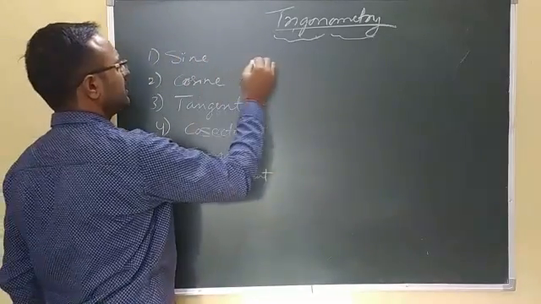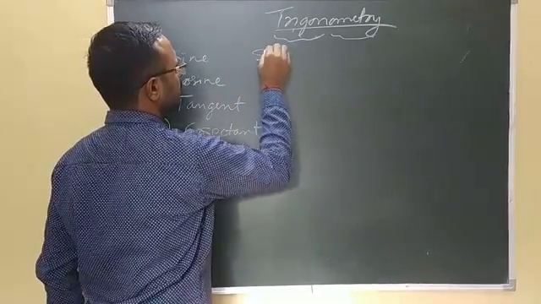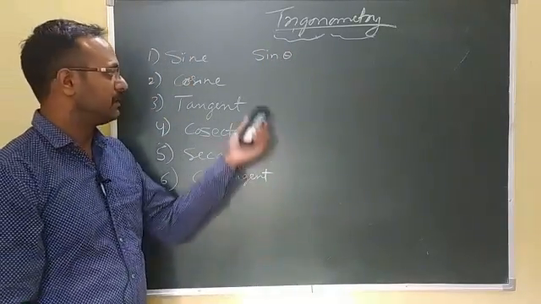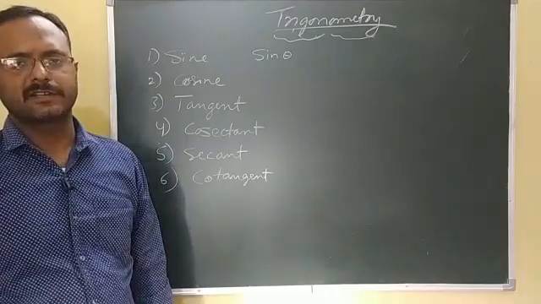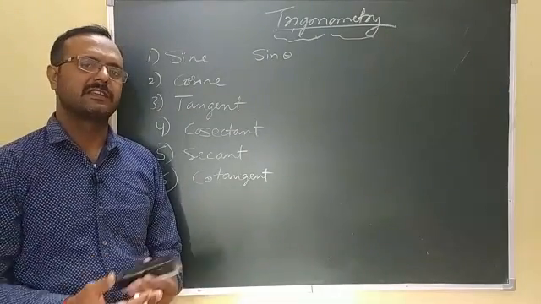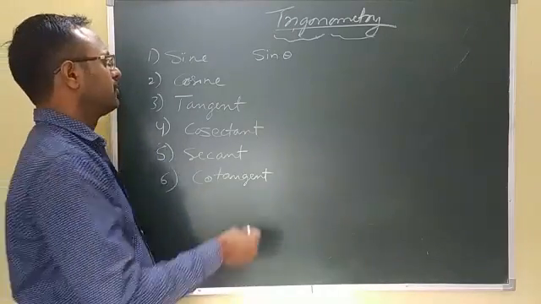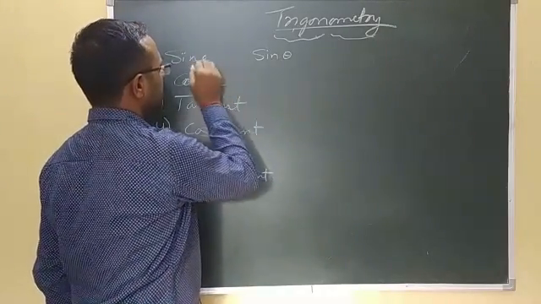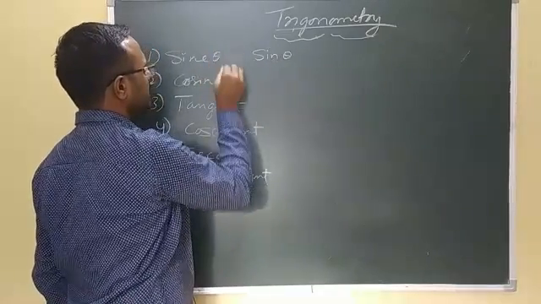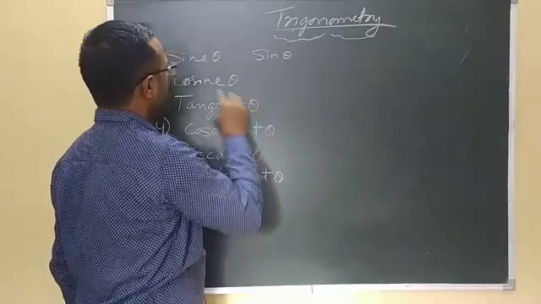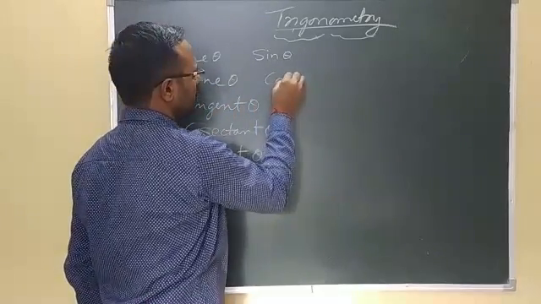In short, this is termed as sine theta, where theta is the angle. This is a function, a trigonometric function. Sine is a trigonometric function and theta is the variable which is measured in angle. So in short, sine is written as sin theta and cosine is written as cos theta.